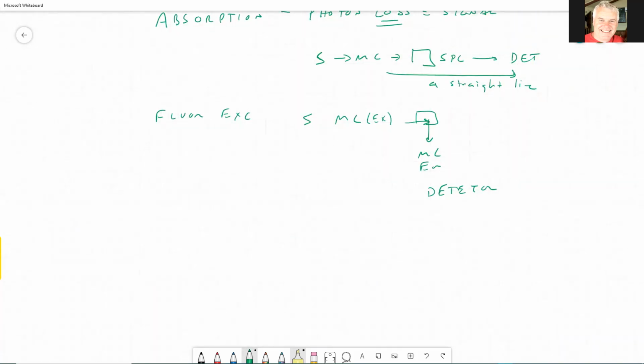And so let me ask a question here. In excitation, is the excitation monochromator or the emission monochromator scanned?